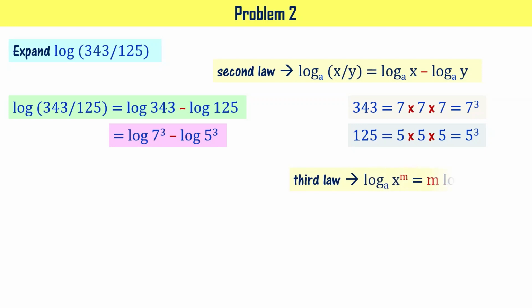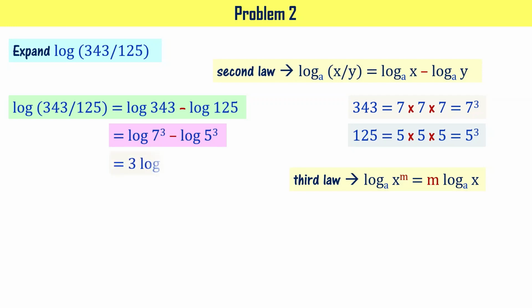Let's quickly recall the third law. It says that log of x power m equal to m log x, right? If you apply this for log of 7 cube, that becomes 3 log 7, right? Similarly, log of 5 cube is going to be equal to 3 log 5.